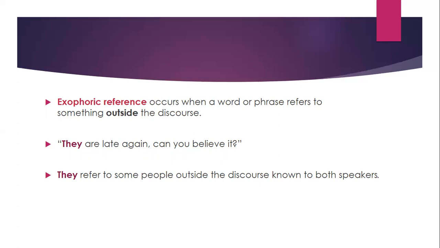Can you believe it? They refers to some people outside the discourse known to both speakers. So here in this example, we cannot understand what they refers to. It can only be understood by the speakers.